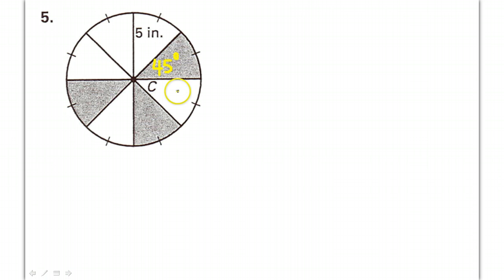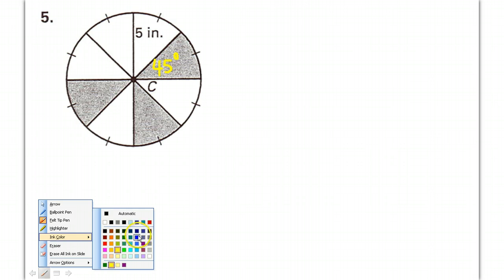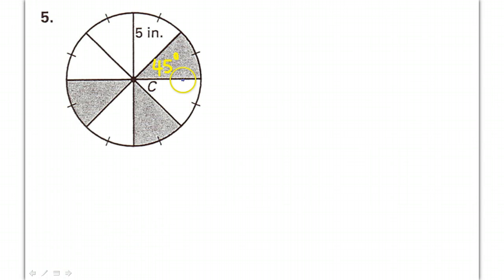All right, did I lose anybody so far with the 45 degrees? Now, keep talking to me about your strategy. And then from there you can try to find the area, and then you can do A over 25 pi equals 45 over 360. Right. Okay. So we can find the area of one sector in our usual way.